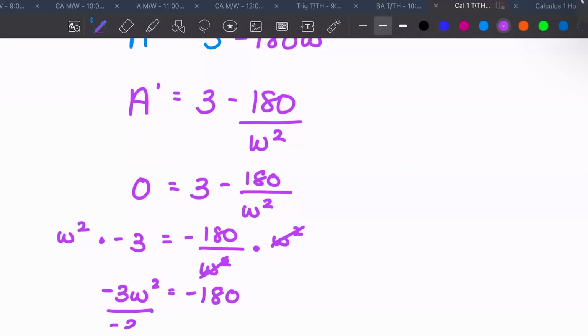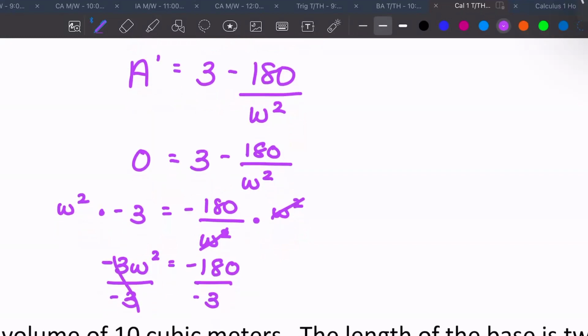And divide by -3. So I get W squared equals 60. And I'm going to take the square root of that and get 7.75.